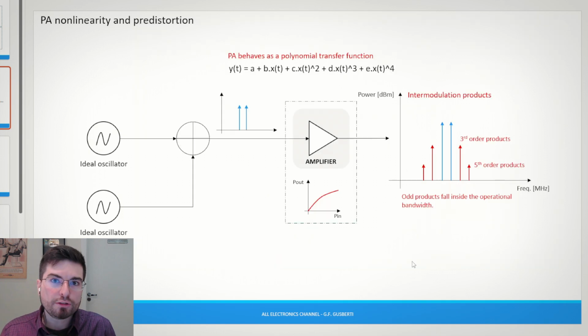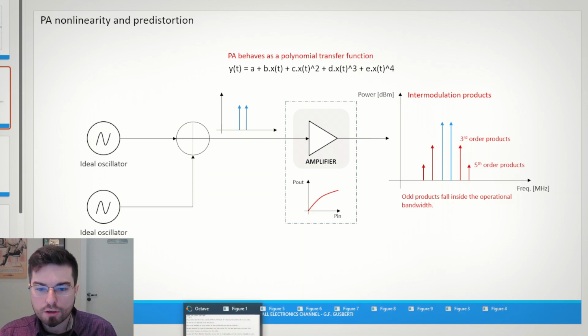to transmit. And I'm trying to not go too mathematical here, but all the intermodulation terms that fall inside the modulation bandwidth are the odd intermodulation terms, and they come from the odd powers if we model the amplifier as a polynomial.